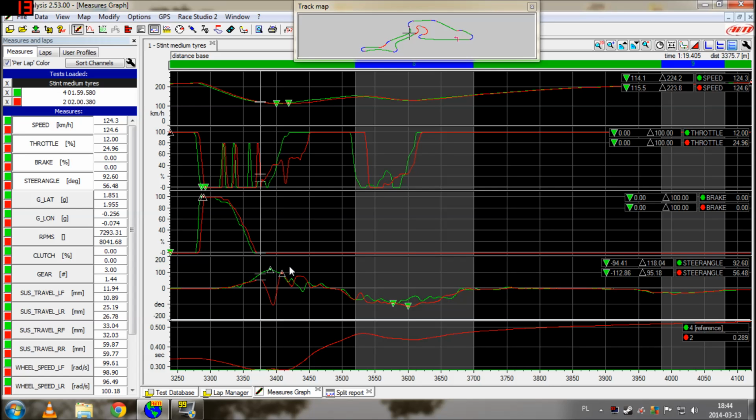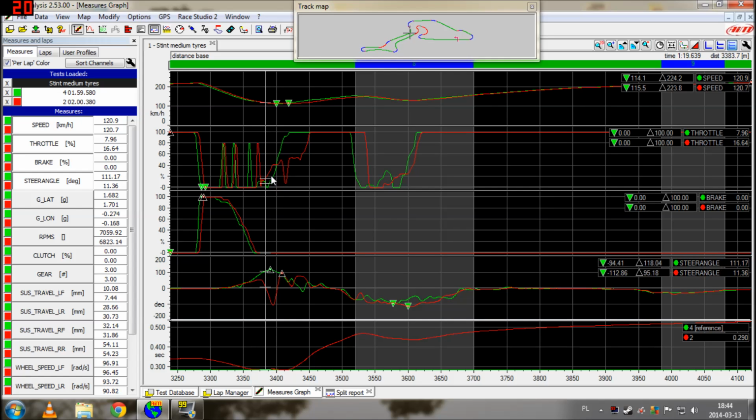I turned the steering wheel to the right and then again to the left. Maybe it's because this particular corner usually has very unstable braking. Maybe that's why. It's very strange, and it could be investigated more.